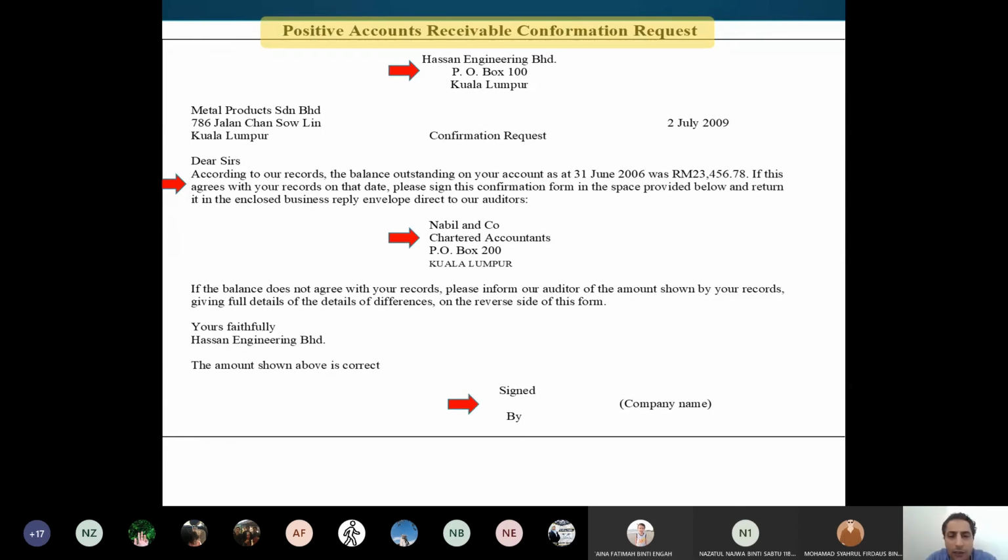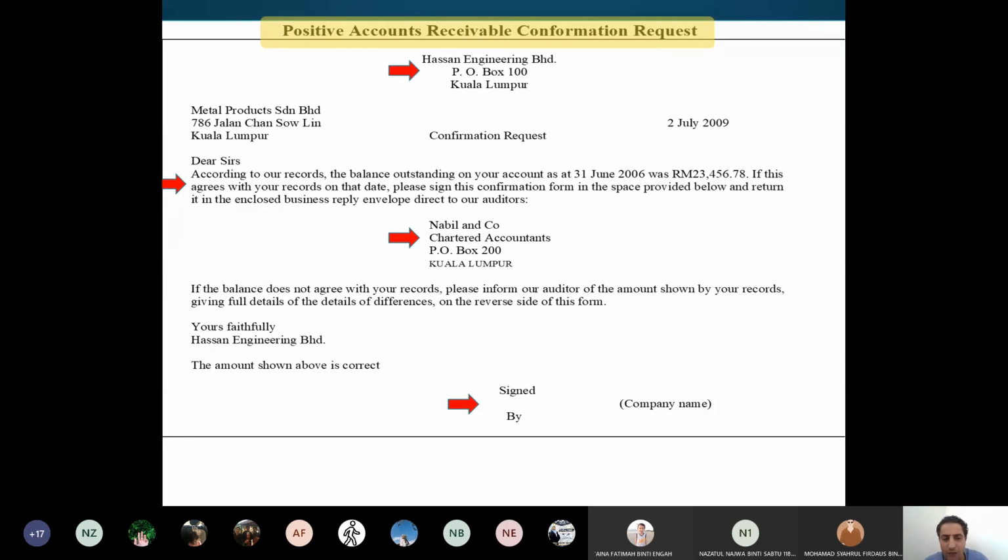If this amount agrees with your record, then please just say it agrees and sign. If not, then please state what is in your record, and write the difference.